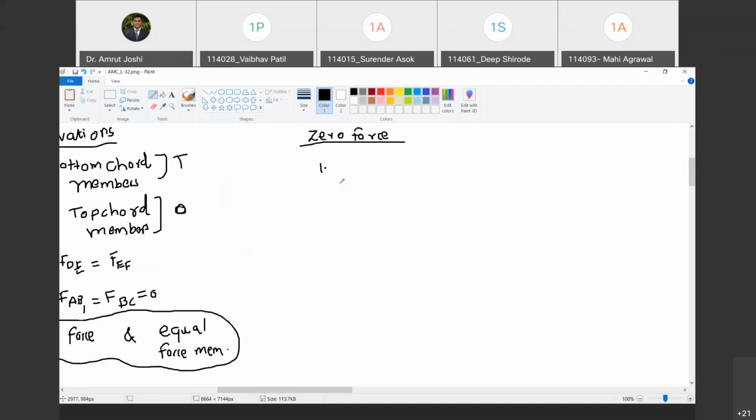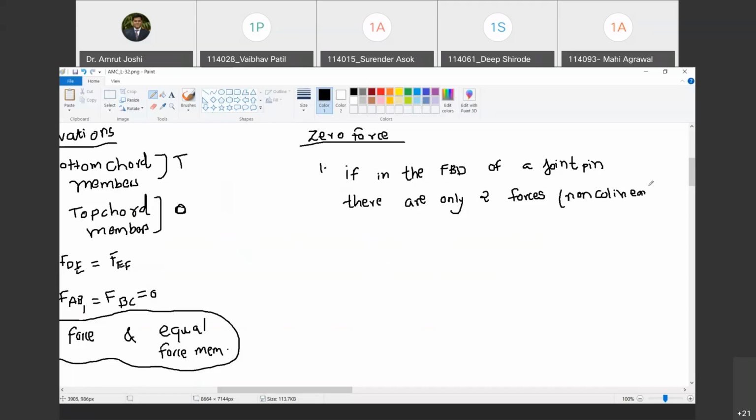Okay. So statement number 1: if in the FBD, that is in the free body diagram, of a joint pin of a truss, obviously all this is for trusses, if in an FBD of a joint pin there are only two forces which are non-collinear but coplanar, obviously, non-collinear forces, then both the forces must be zero.